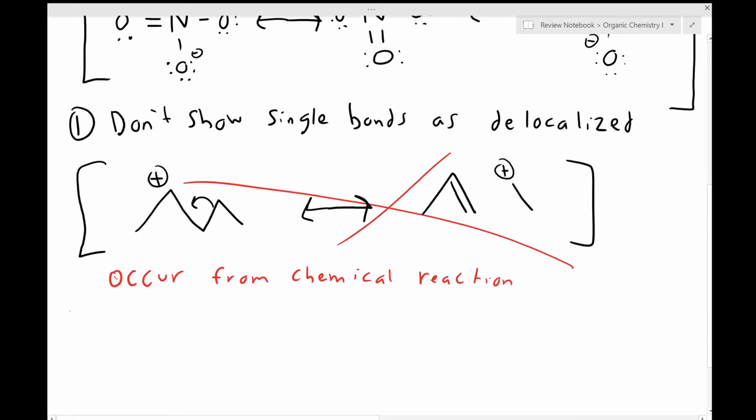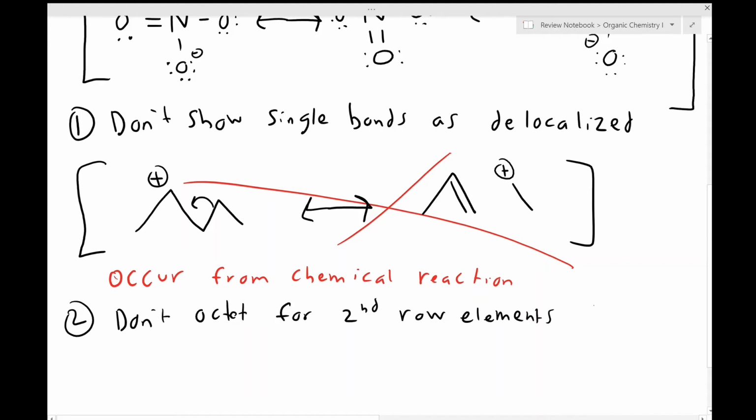Rule number 2, don't exceed the octet for second row elements: boron, carbon, nitrogen, oxygen, fluorine.